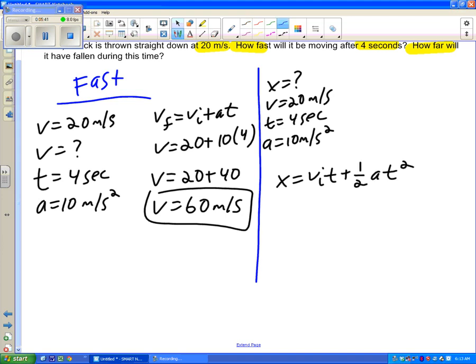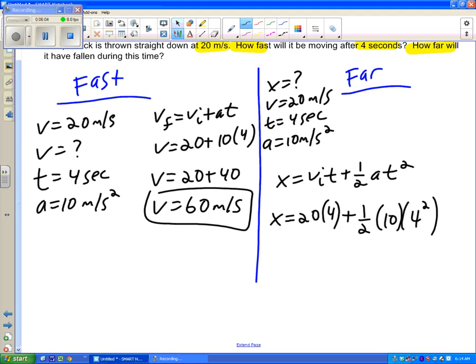Before I forget, this side is going to be for the how far. Okay, so our starting speed, once again, because we're throwing it down, is 20. It is 4 seconds, so that's our t. And we have 1/2 times 10 times 4 squared.